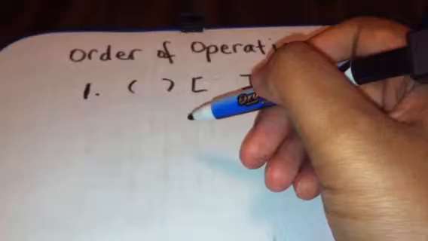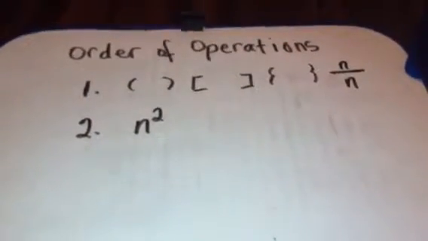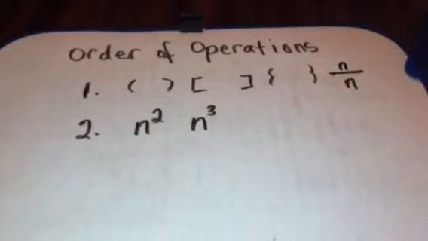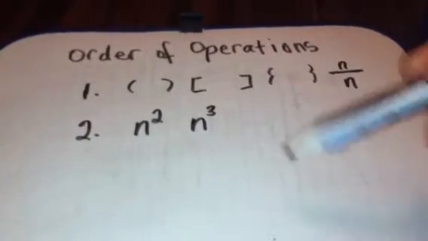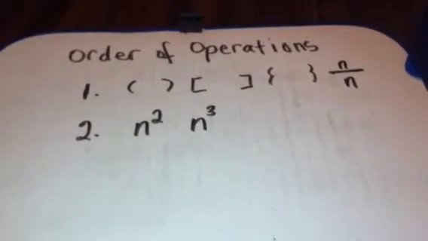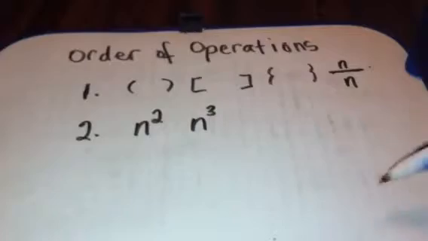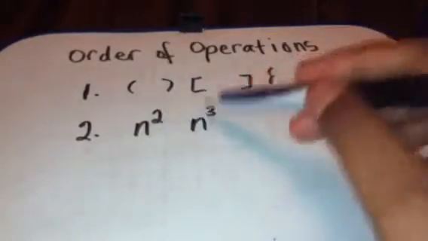The second step is to simplify all exponents, and an exponent is simply when you have a number squared or a number cubed or anything like that. So after you deal with your grouping symbols, which will be parentheses, brackets, the fraction line, then you will deal with your exponents.